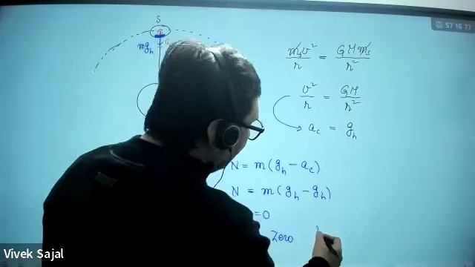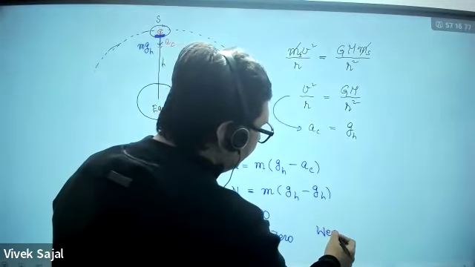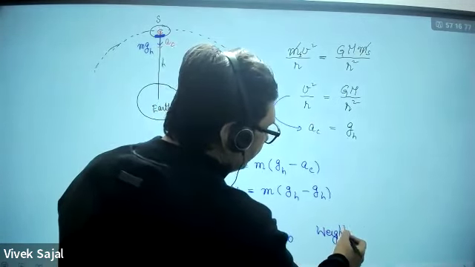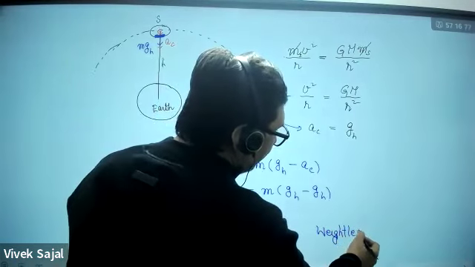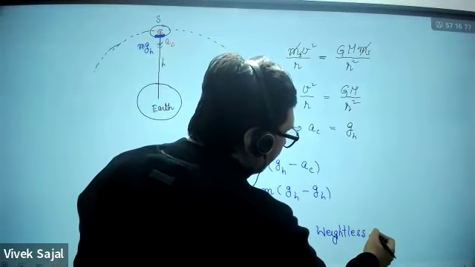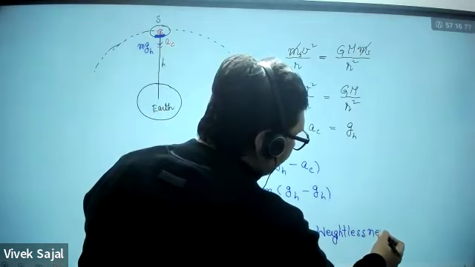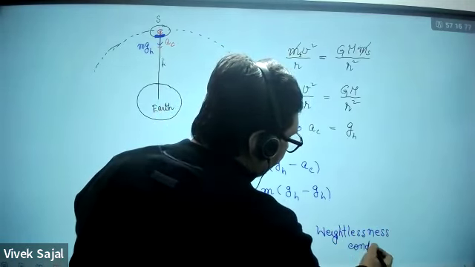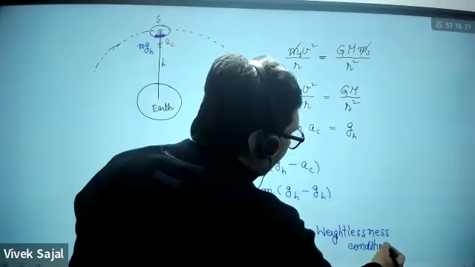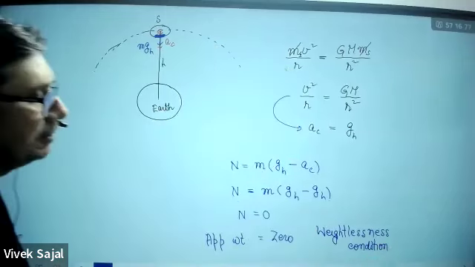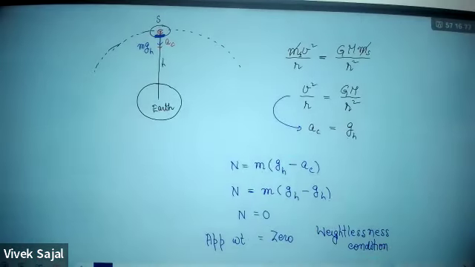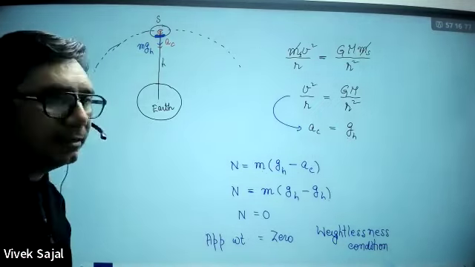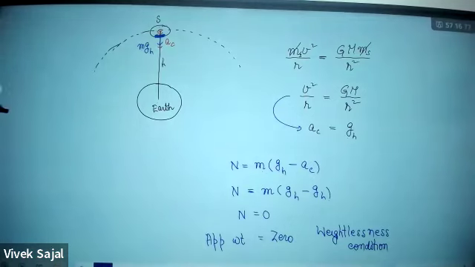So this is a weightlessness condition that is observed by a person in the satellite. So this was the third case.